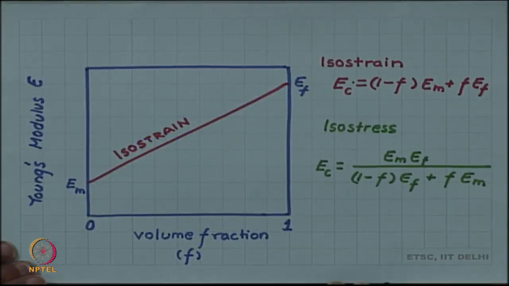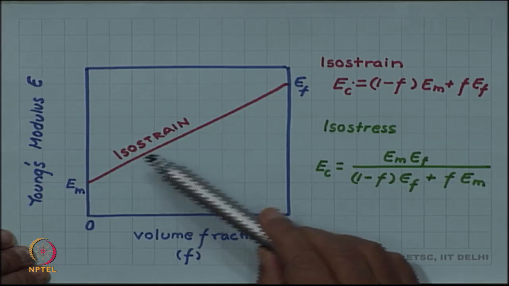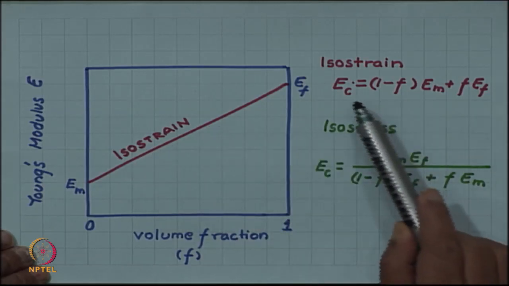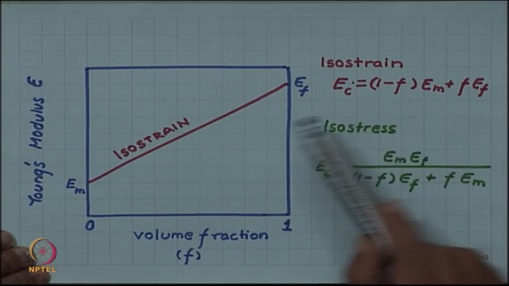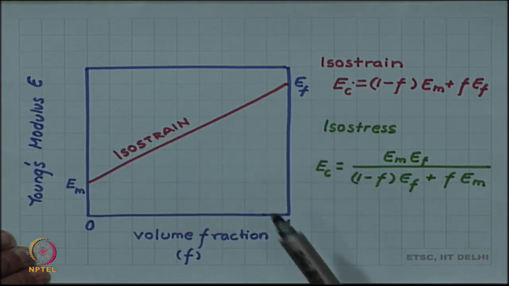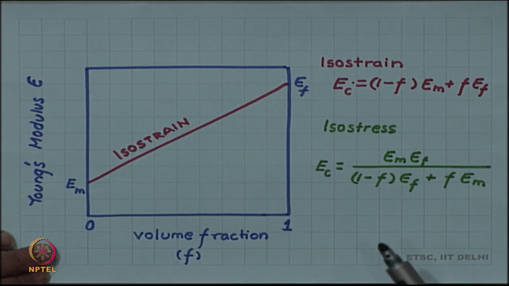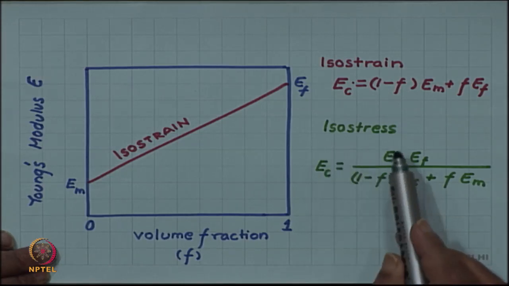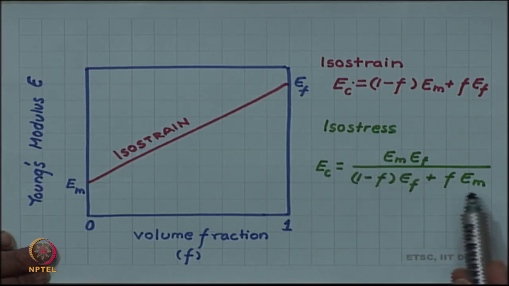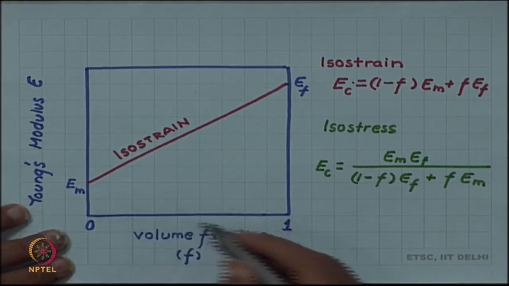This slide is going to summarize whatever we have derived about the modulus of composite. We have already derived isostrain, which was given by this formula, which when plotted is simply a straight line between E m and E f. Now, let us plot also the isostress, which is given by the second formula, which also we have derived.